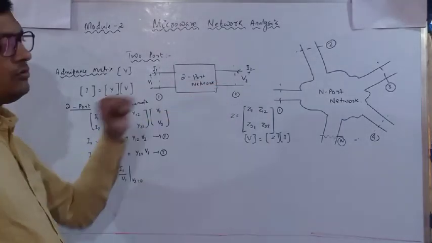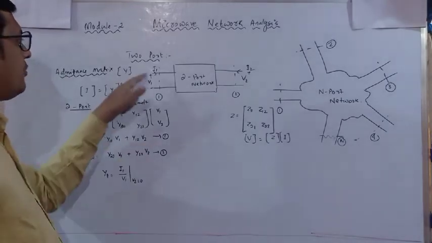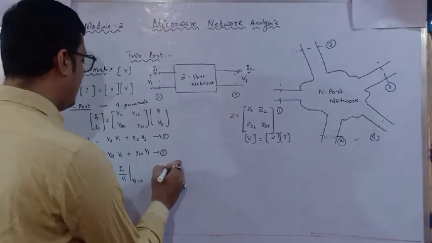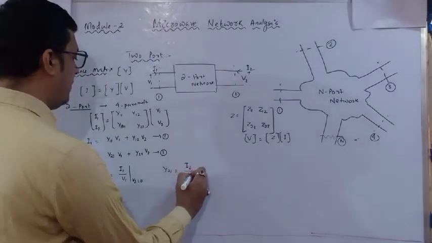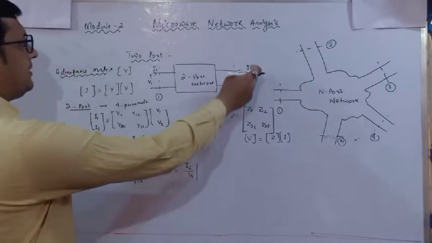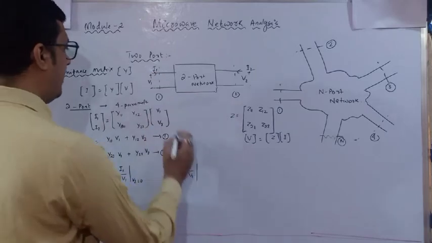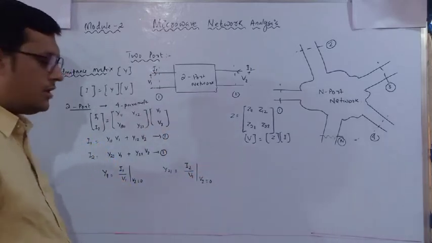That means port 2 is short circuited, so that we determine the admittance at port 1, that is Y11. Similarly, Y21 equals I2 by V1, the current with respect to the potential of input 1, where V2 equals 0.